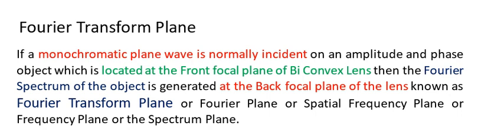Here we are talking about a single biconvex lens. When our system is more complex, we shall discuss where the Fourier transform plane exists. But with a single biconvex lens, the object exists at the front focal plane and the Fourier transform exists at the back focal plane of the lens.